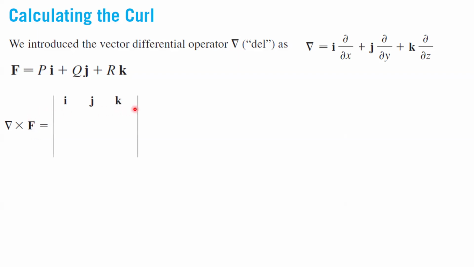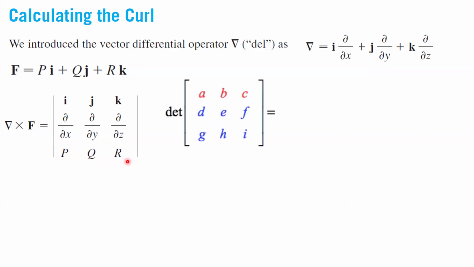You're going to list i, j, k showing the direction of x-axis, y-axis, and z-axis. On the second row, you're going to list all the components of nabla, which is partial derivatives with respect to x, with respect to y, with respect to z. And finally, on the last row, you're going to list the components of the vector field f: p, q, r.